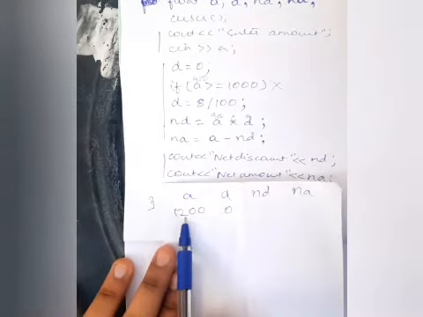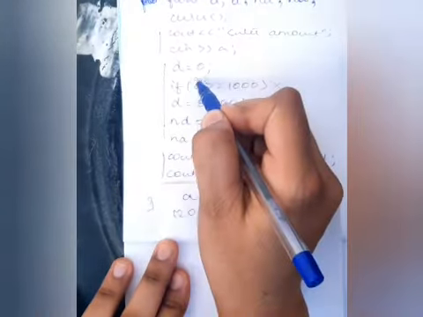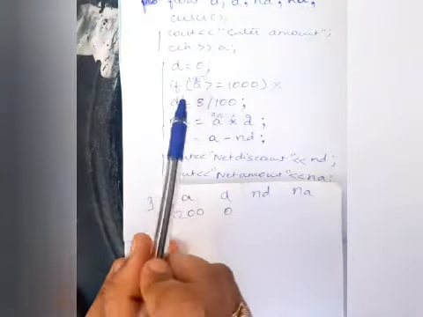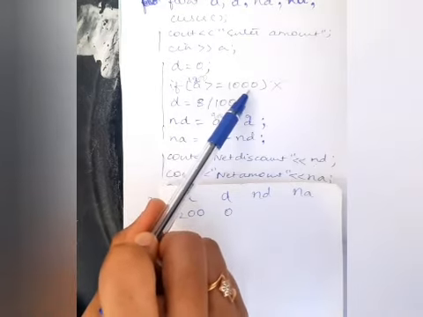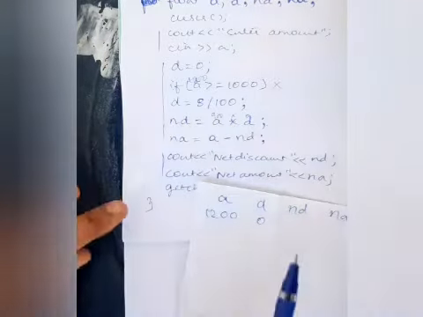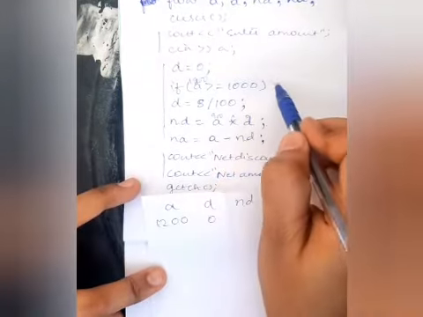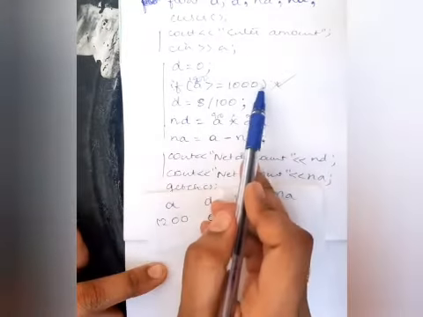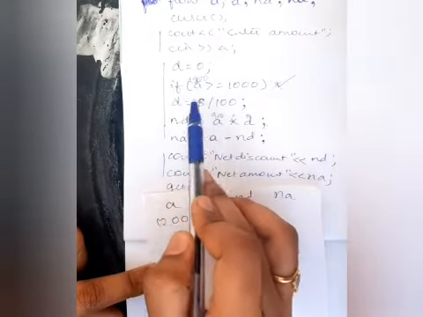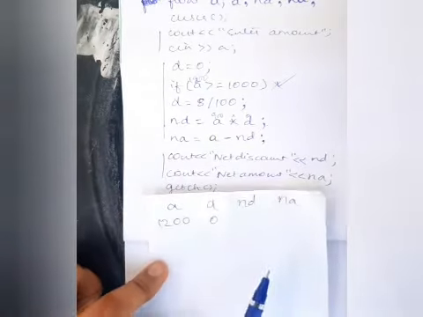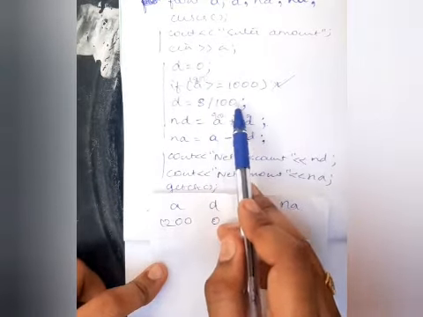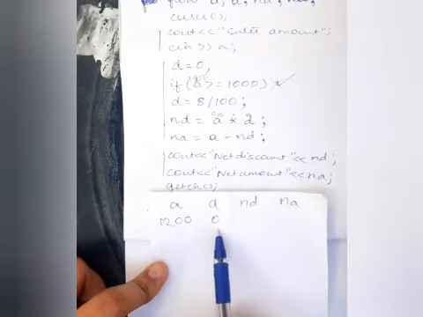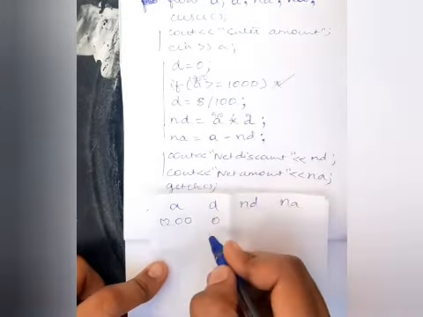A is 1200. Check the condition. Is 1200 greater than or equals to 1000? The condition is true. So if this condition is true, it will execute the next statement. What is there in the next statement? That is D is equals to 8 divided by 100. D is equals to what? That is 0.08.